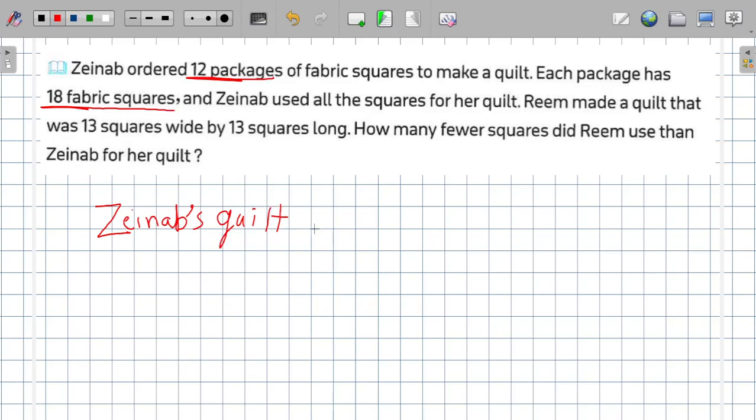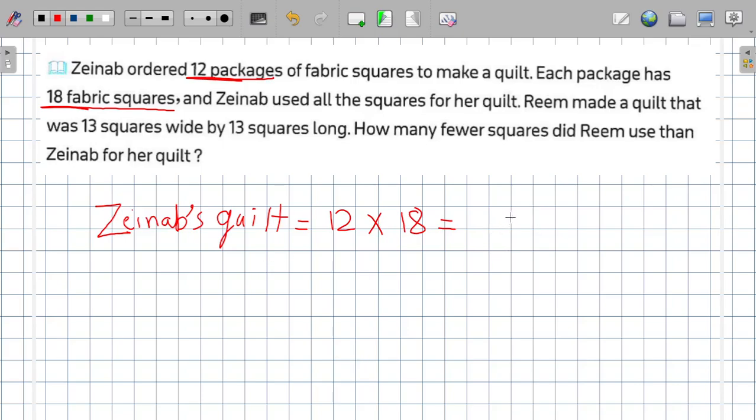So what is the total number of squares for the packages that Zainab ordered? Okay, so I think I will multiply the number of packages by the number of squares. So I think it will be 12 by 18. So 12 by 18 equals what? 12 by 8 equals 96.